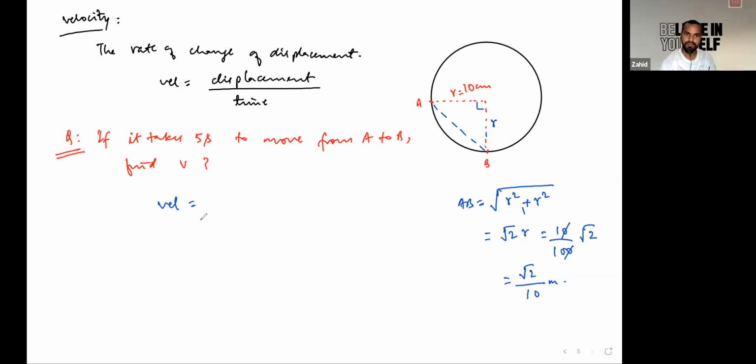If you put the value of displacement, you will get root 2 divided by 10 for displacement, and the whole divided by time taken, that is 5, which would be root 2 divided by 50 meter per second as velocity of the body. Clear to you all? Yes, sir.